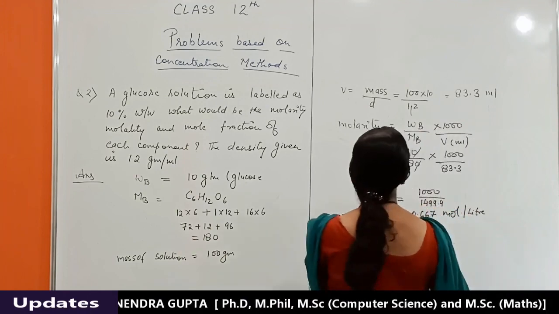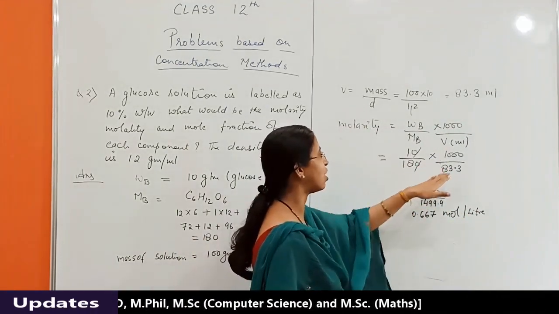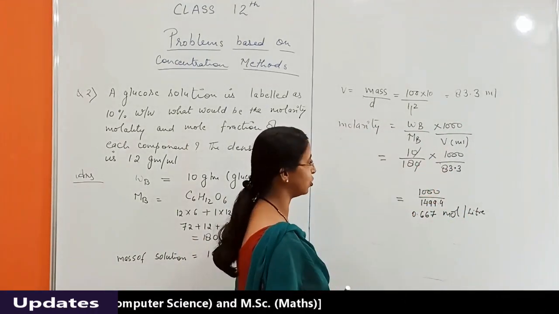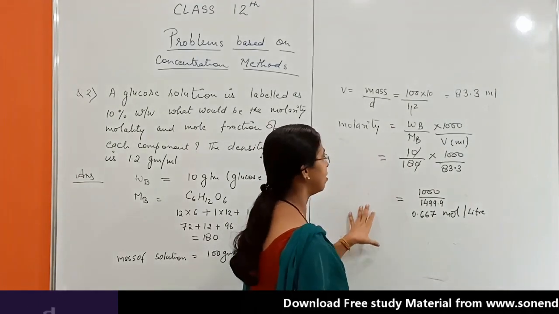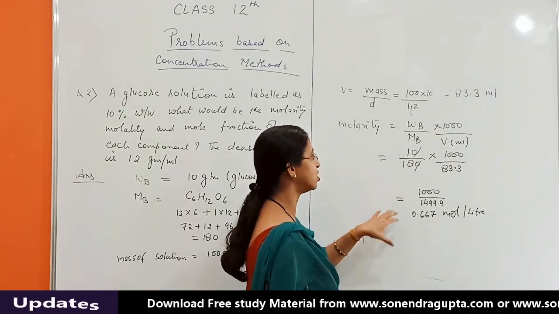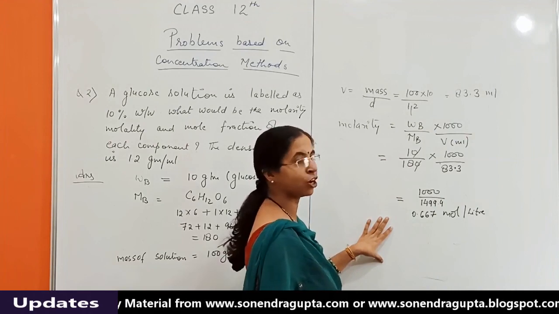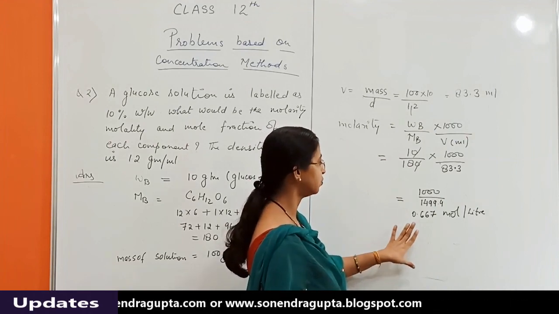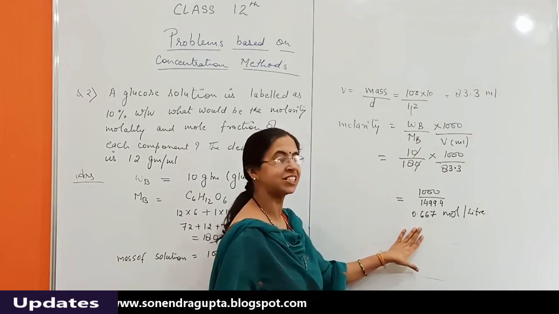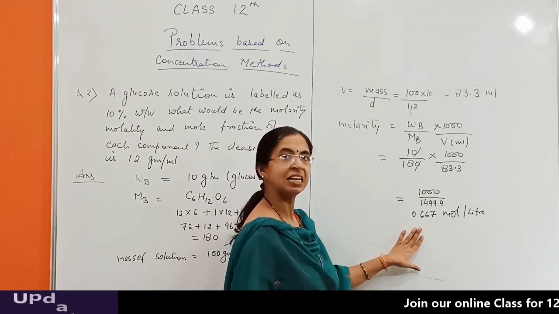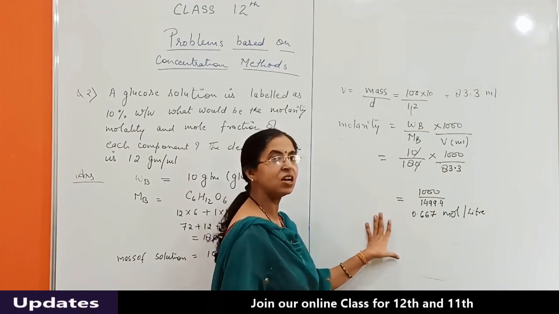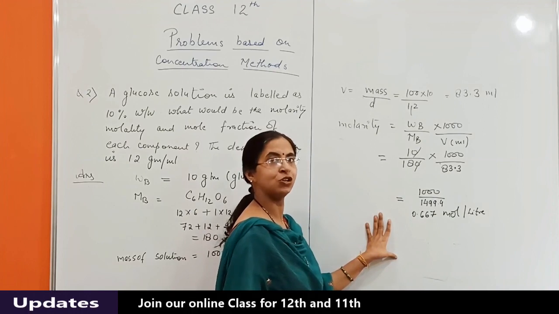It is 10 upon 180 into 1000 upon 83.3. When we calculate, it comes to be 0.667 mole per liter. So it is the molarity of the solution.